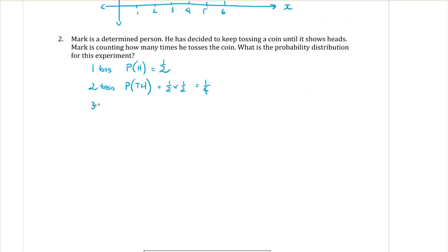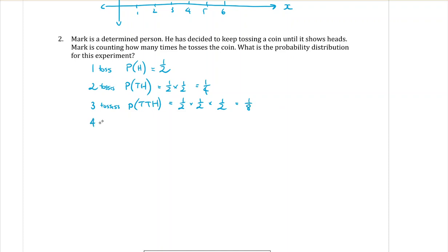What about 3 tosses? That means he would have to get tail, tail, and only on the third toss would he get a head. You can see a bit of a pattern appearing here. That's going to be a half for a tail, half for another tail, and half for a head. It ends up as 1/8.